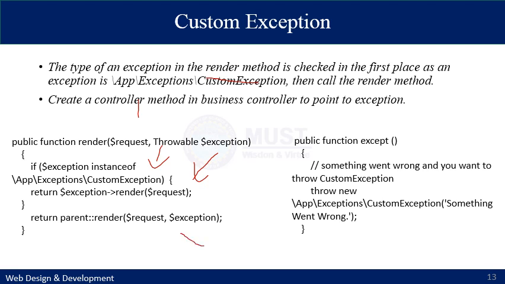Otherwise, we load the parent render method. Finally, if you look at the accept method, we show that something went wrong: when you want to throw a custom exception, you throw a new custom exception with the message showing that something went wrong.